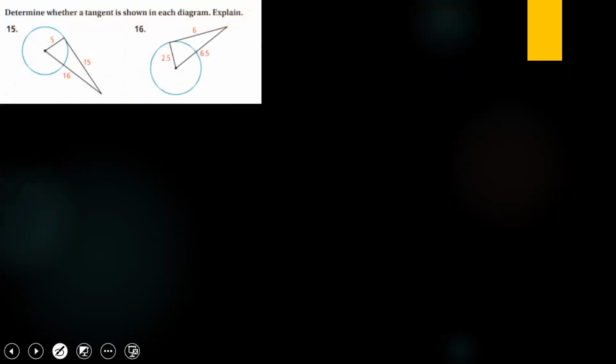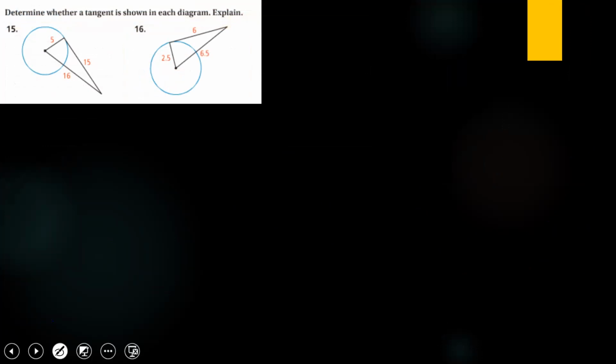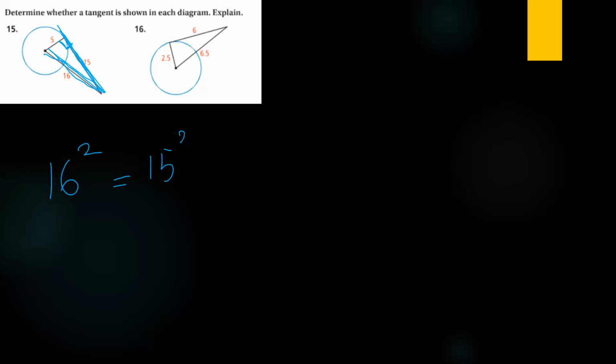Now in this one, we have the same. Let's choose number 15 as an example. We have to see whether a tangent is shown. There's a right triangle here. This will be the hypotenuse because it is opposite to the right angle. So is 16 squared equal to 15 squared plus 5 squared?